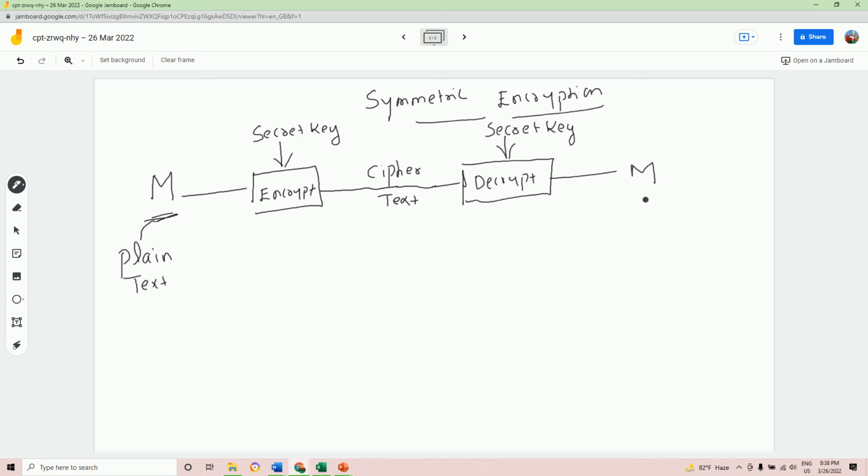After decryption you get the message, once again in plain text. So you can see in the symmetric encryption technique, the same key is used for both encryption and decryption. No two different keys, the same key has to be used for encryption and decryption.